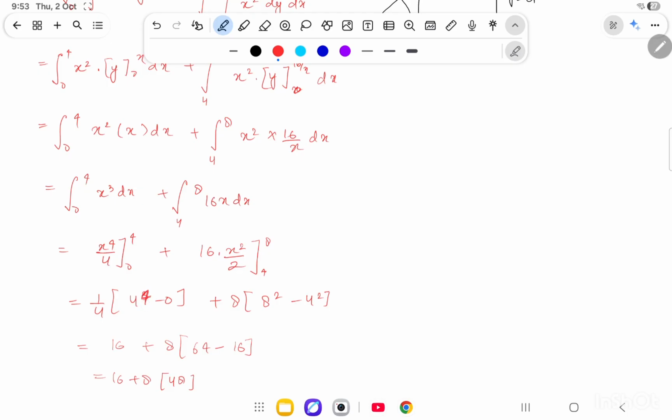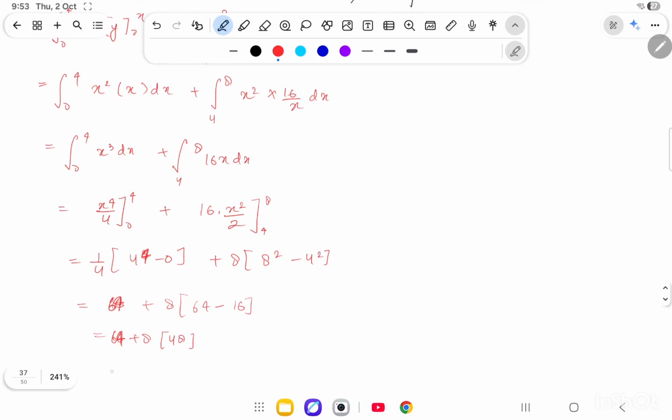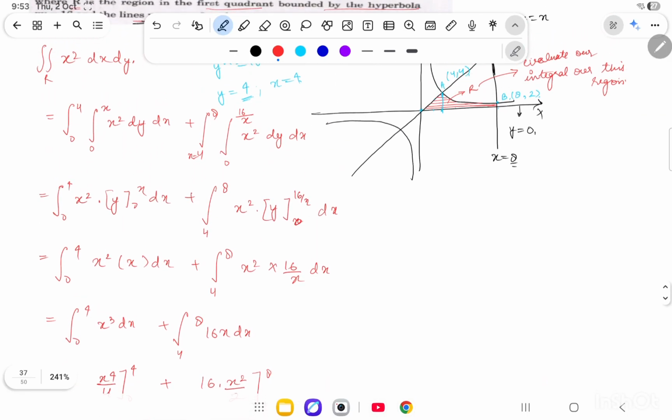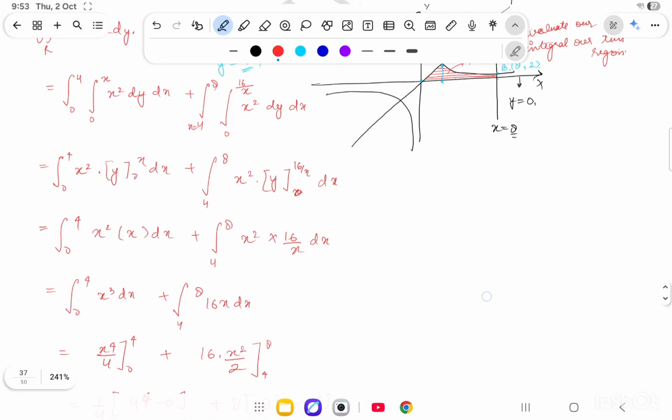It is 4 raised to 4, so it will be 64 rather than 16. So this term is equal to 448 units square. So that's the required area of the shaded region, or basically the area of the integral over the region R.